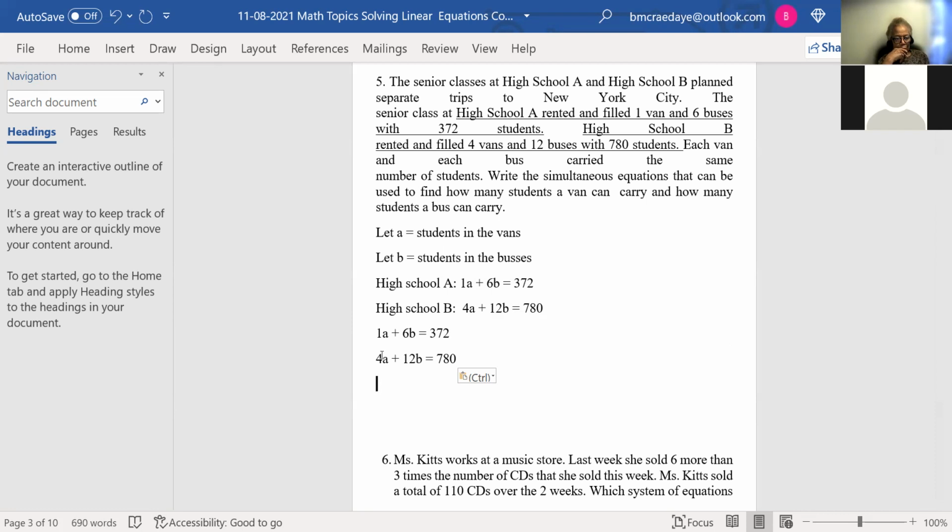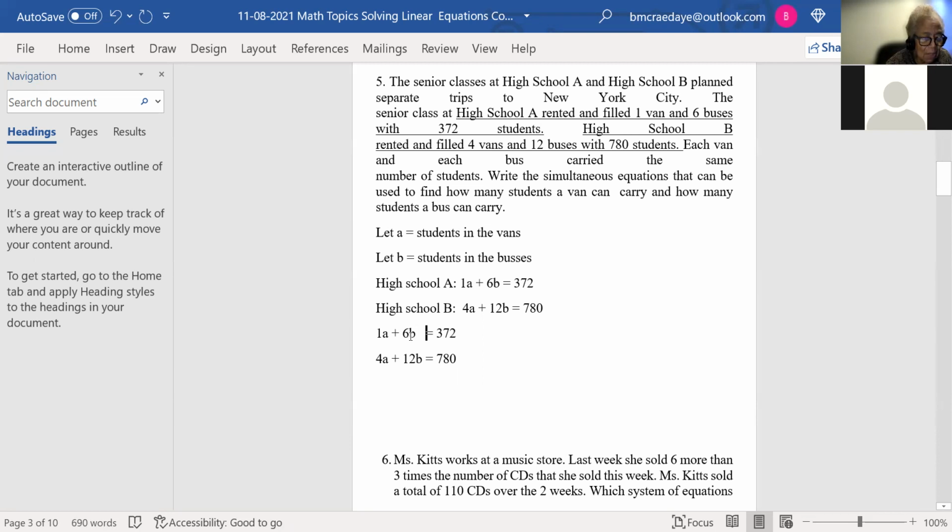Well, there's one way you could do it. See, this is a 6B and this is a 12B, right? If I could make this a 12B, then I could subtract the equations, right?